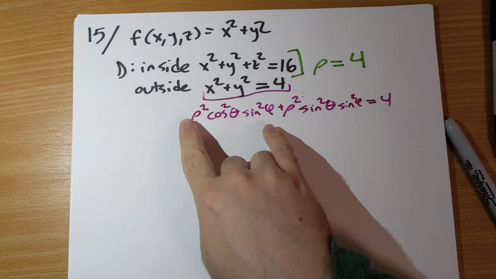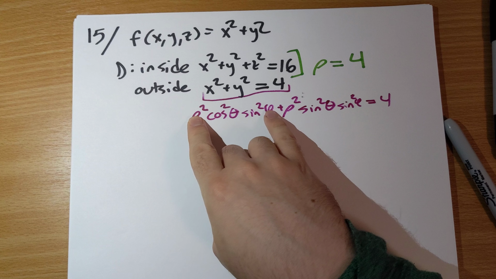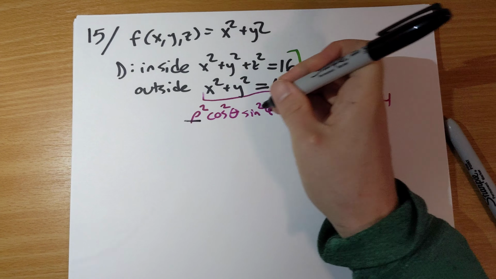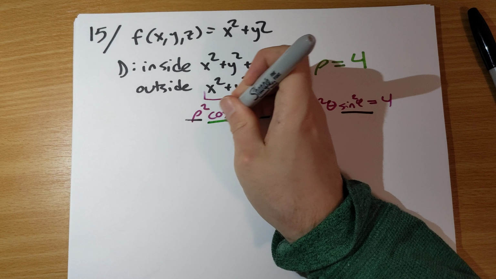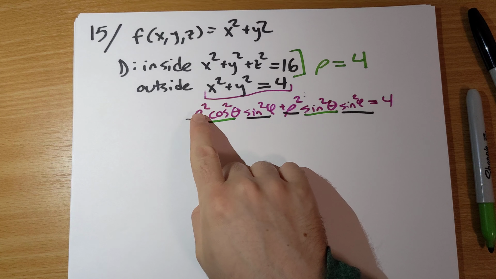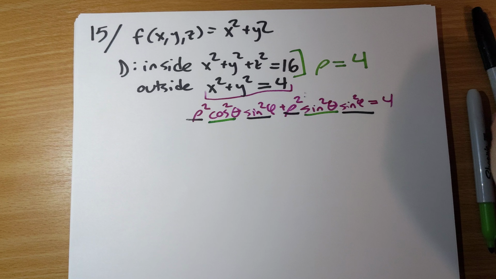These two terms on the left both have rho squared sine squared phi in them. And then this has cosine squared theta, this has sine squared theta. So it would be rho squared sine squared phi times cosine squared theta plus sine squared theta.